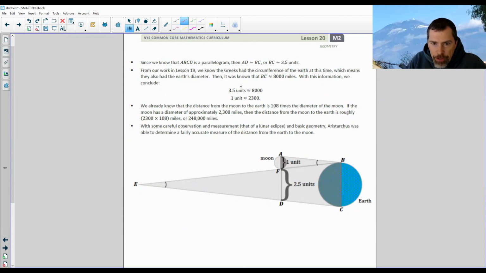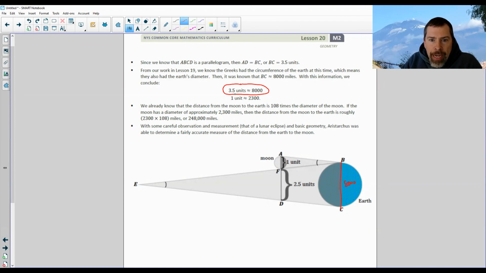So now we're saying the Earth is 3.5 units, which is approximately 8,000 miles, according to our answer from page 1. So from our work in lesson 19, we know the Greeks had the circumference of the Earth at this time, which means they also had the Earth's diameter. Then it was known that BC was about 8,000 miles. So we know BC is approximately 8,000 miles from B to C.